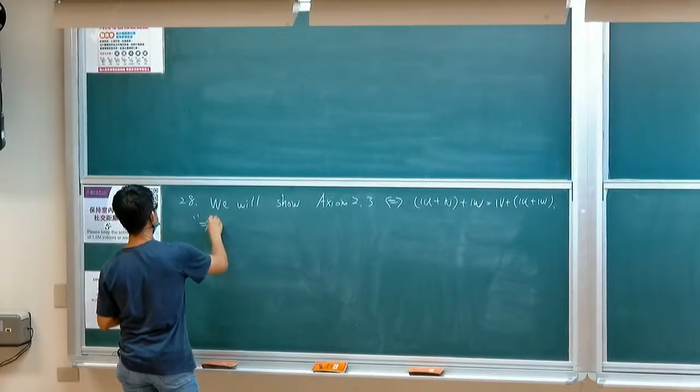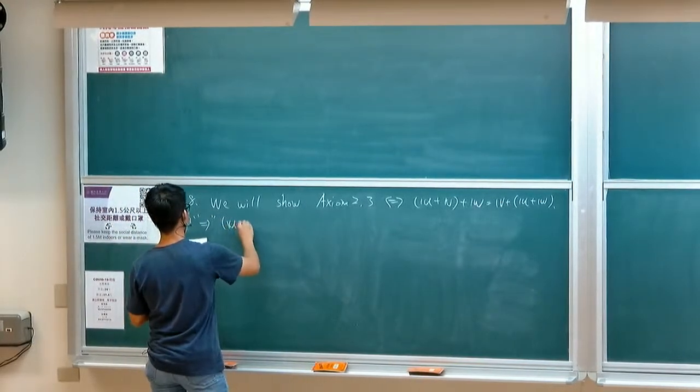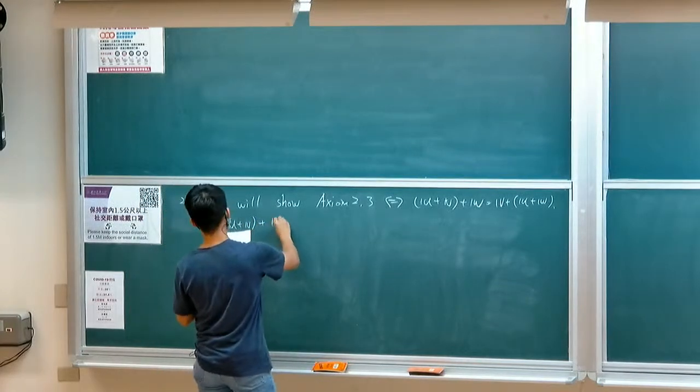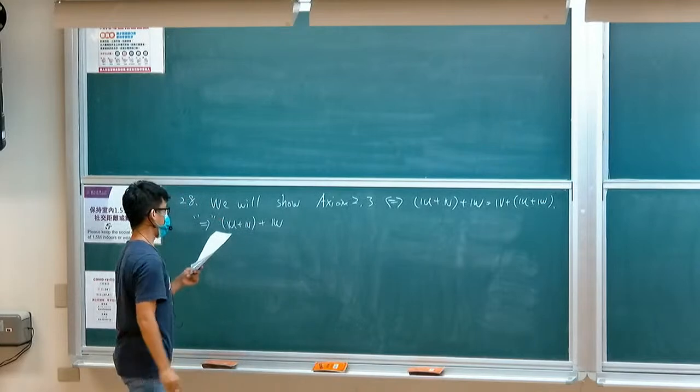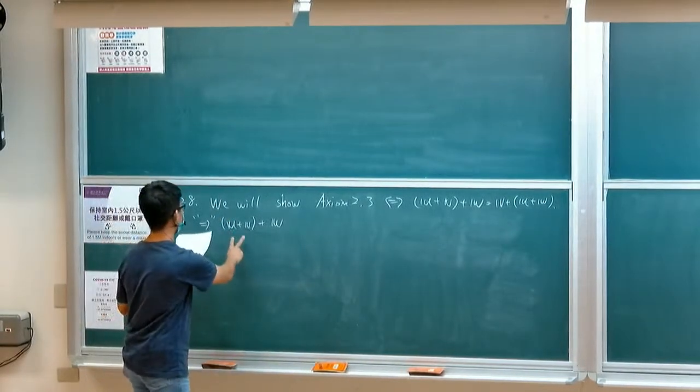First, we start from this direction. U plus V plus W. Then by axiom 2, we can exchange these two terms.